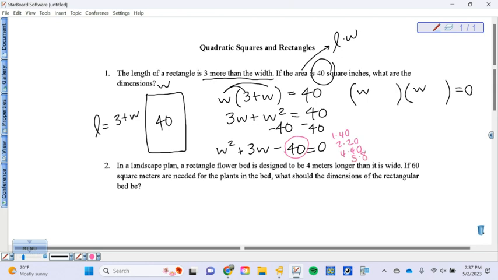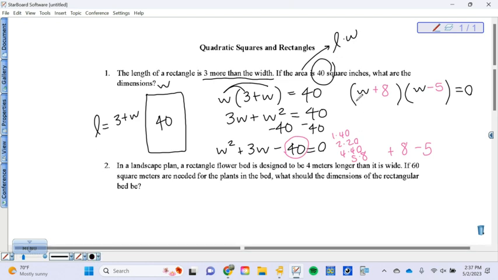Which one is going to get me to 3? 5 and 8. How do I get to 3 from 5 and 8? Yeah, so positive 5 minus 8. So my factors then are W plus 8, W minus 5, right?